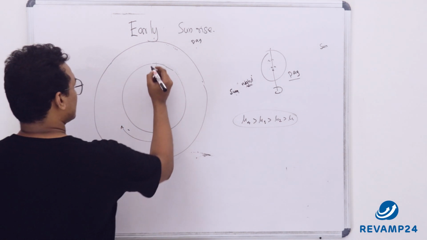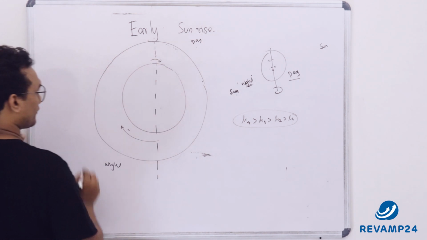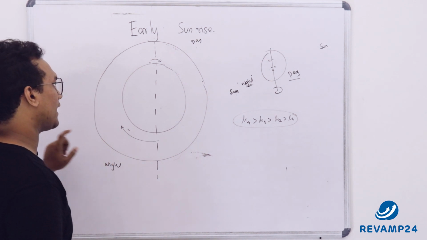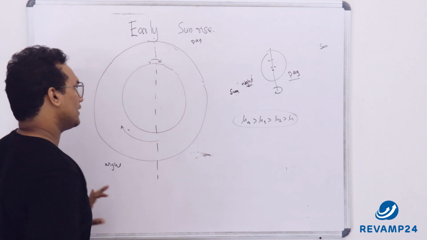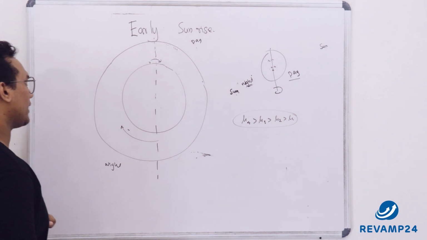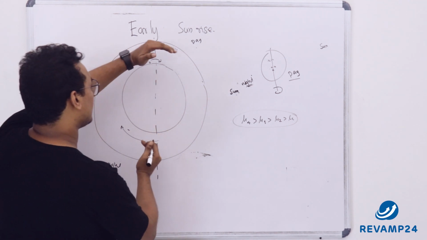Now, as Earth is being rotated in this way, after a few minutes this point, which is now having night time, would enter daytime. After a few minutes only this would enter a point where it would have daytime, because Earth is rotating in this way.